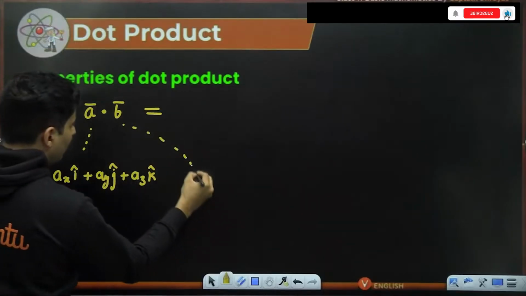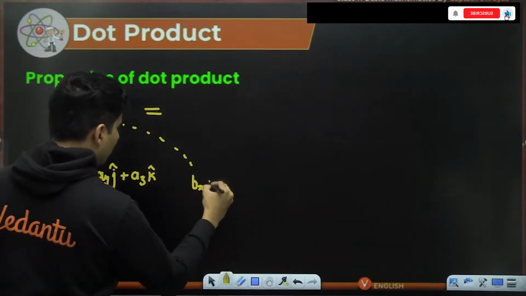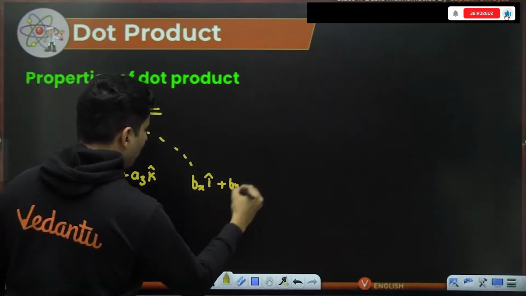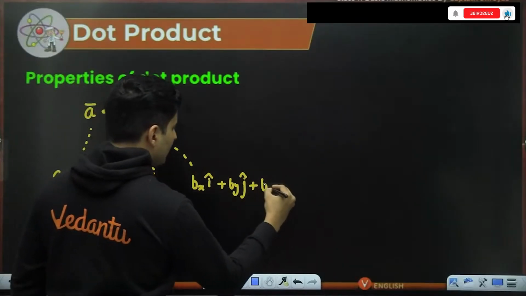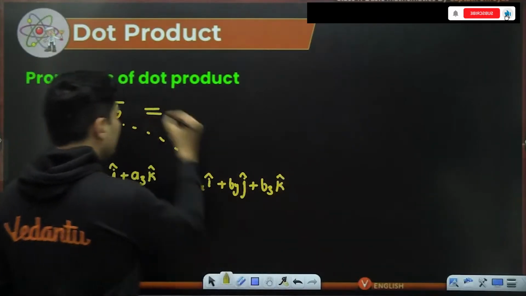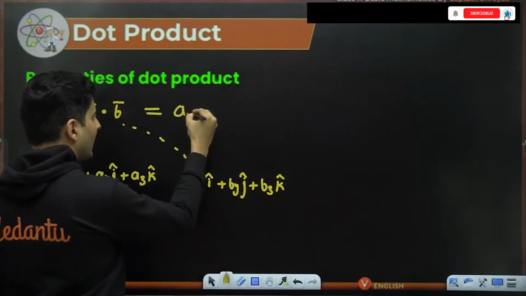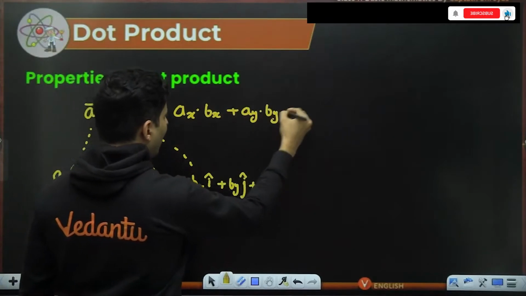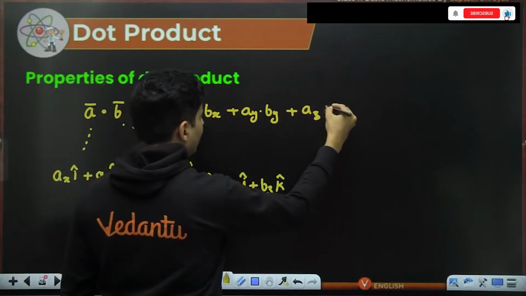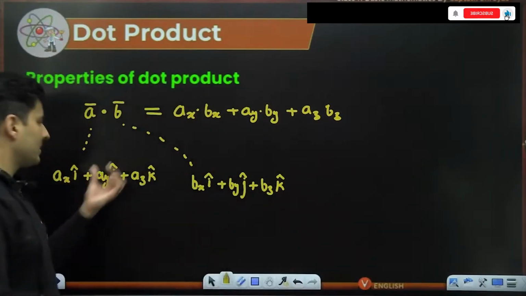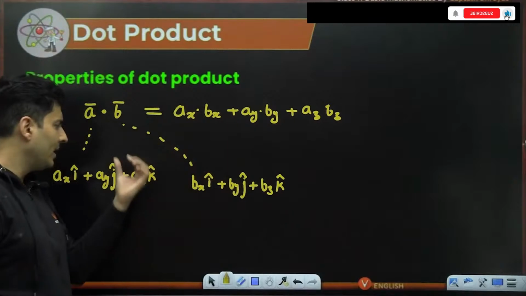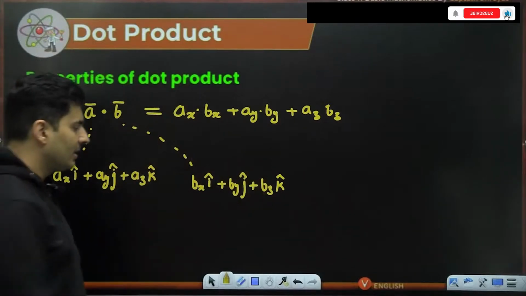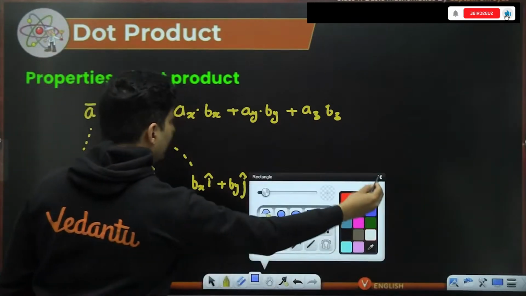And your B vector is x component of B, y component of B, and z component of B. Then the final outcome is ax bx plus ay by plus az bz. X with X, Y with Y, Z with Z. That's it. That is your final result that you should get.